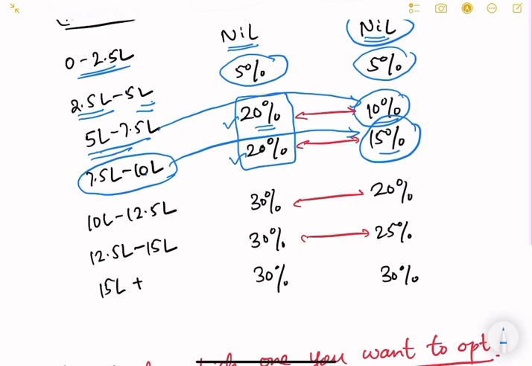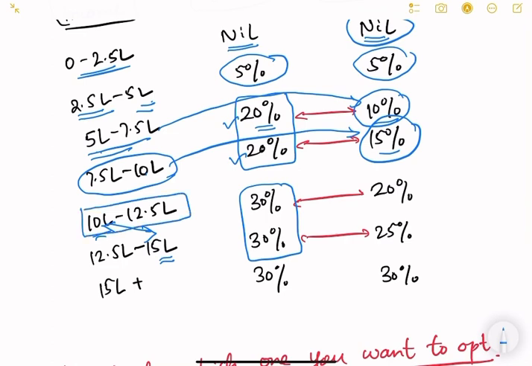Similarly, in the old tax regime, 10 to 15 lakh was one complete slab and the rate was 30% flat if your income is between 10 and 15 lakhs. But now the government has split up this slab into two slabs. One is 10 lakh to 12.5 lakh, where the new tax rate is only 20%.